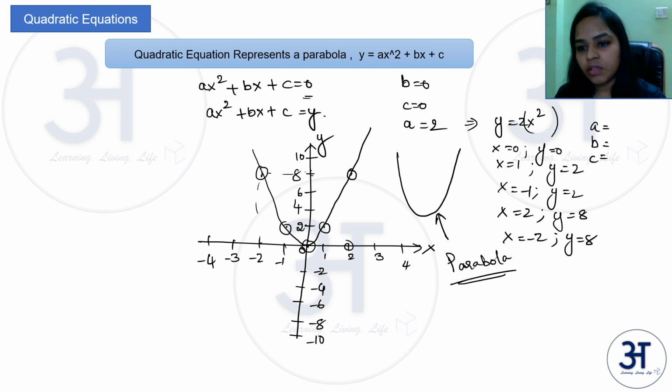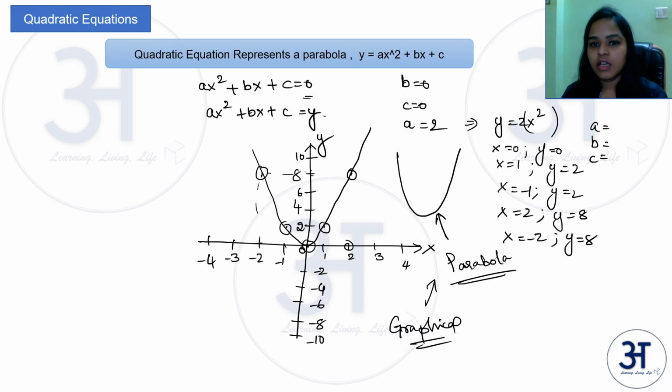Someone might question why this is important for CAT level quant. There are some questions which can be easily solved by using graphical methods as compared to theoretical methods. The graph gives you a lot of data if you can read it properly, as compared to a theoretical method where you have to do a lot of calculations.